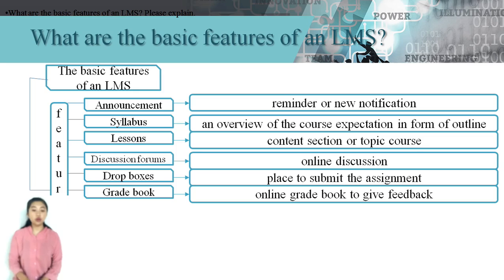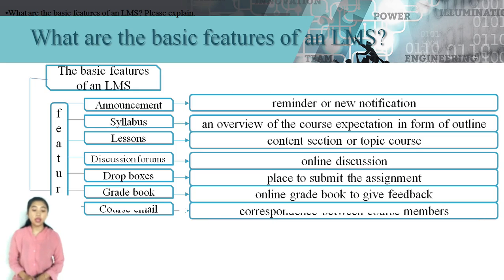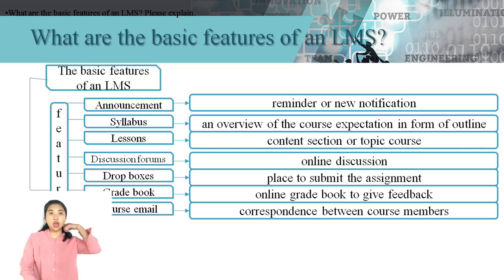The feature number 7 is course email, correspondence between course members. This feature allows the teachers and students, or the users, to send a message to a single or multiple users.